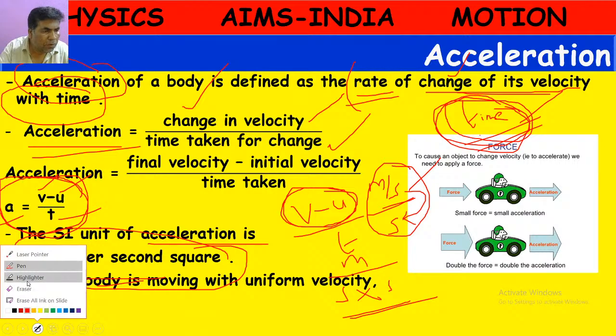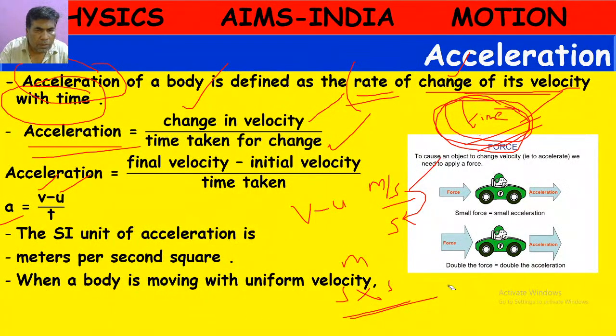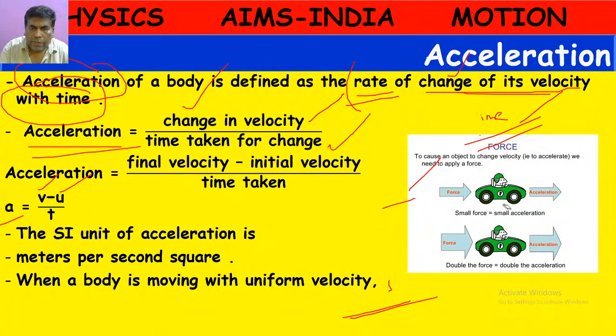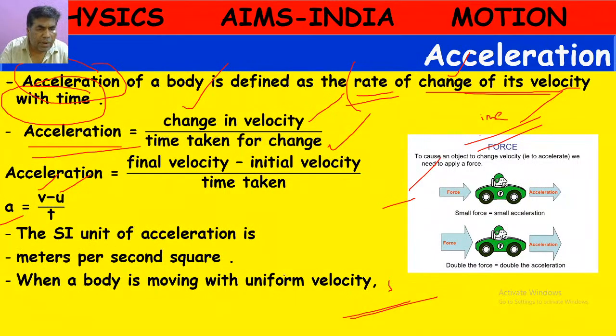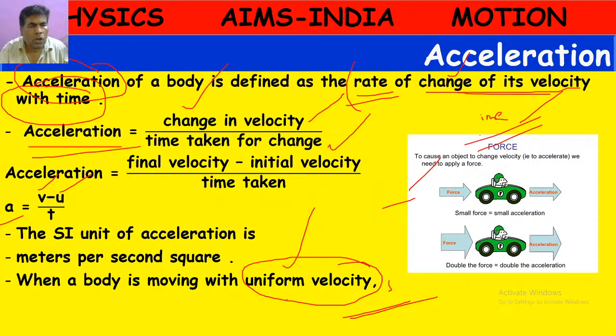Suppose the car is moving with the same velocity, then what can we tell? It is moving with uniform velocity. What does uniform stand for here? Same, which means no change. Acceleration means change, but uniform means no change.